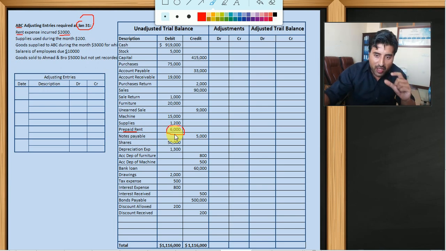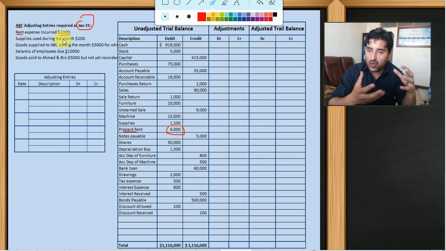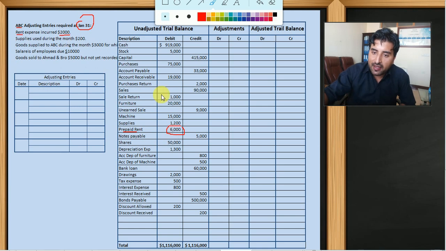This prepaid rent was paid for 3 months. So now after 1 month, out of this $6,000, $2,000 is converted to expense. Why? Because we have taken the benefit from this prepaid rent, the rent used for 1 month. And this is the first type of adjusting entry, converting an asset to an expense.